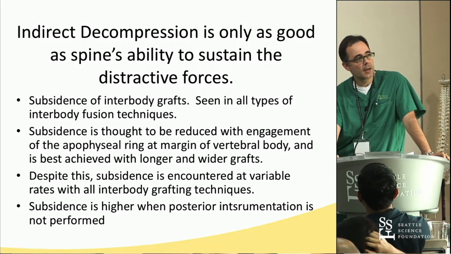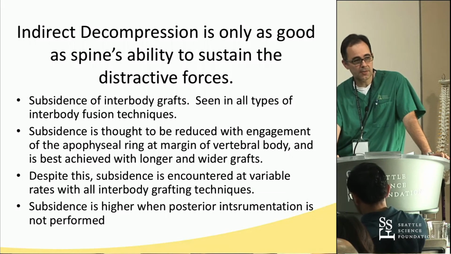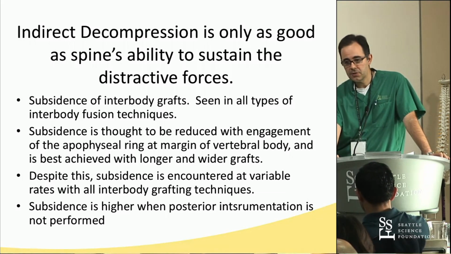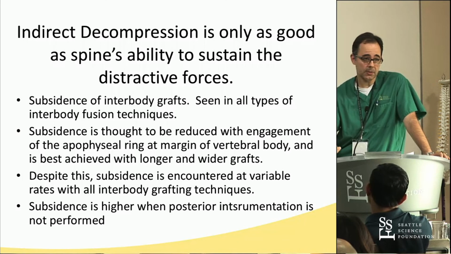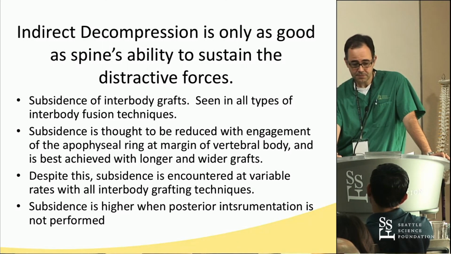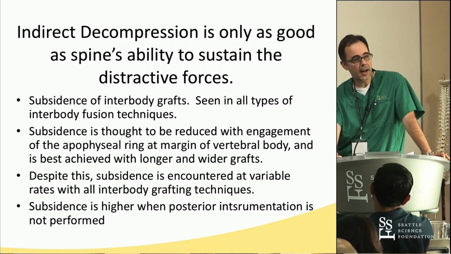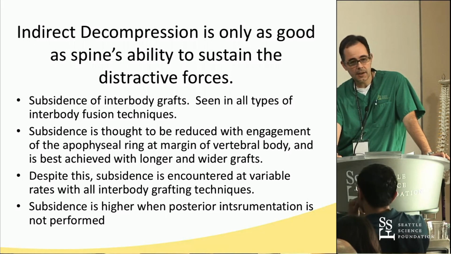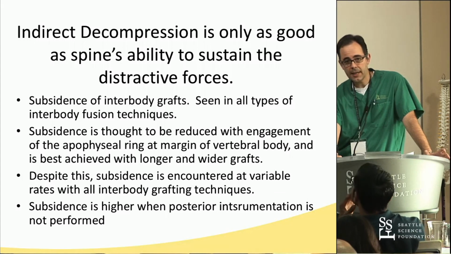And so what are ways to reduce your risk of subsidence? Careful attention to release the contralateral disc when you're doing your disc dissection, and not oversizing your interbody grafts, and using a wider cage.